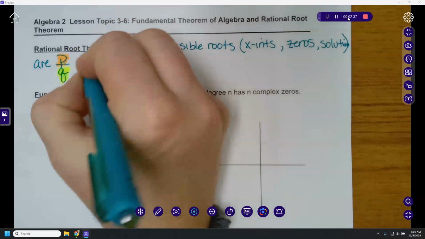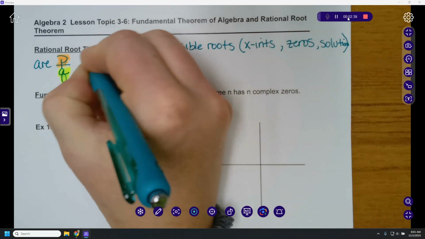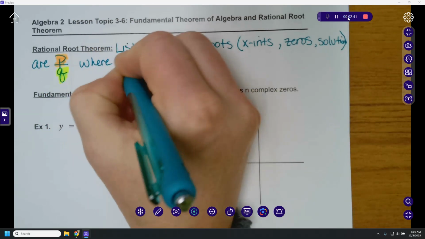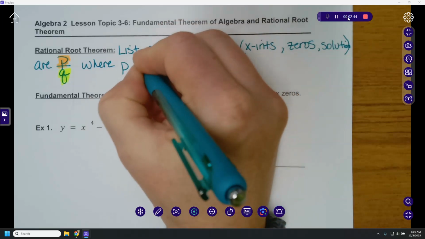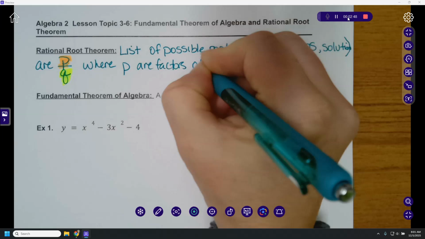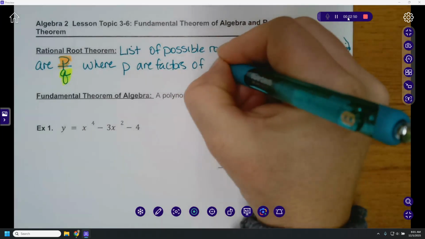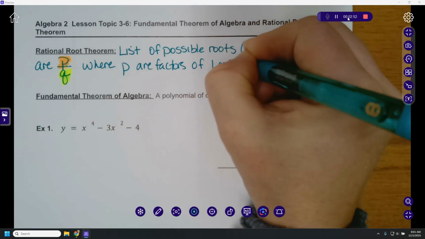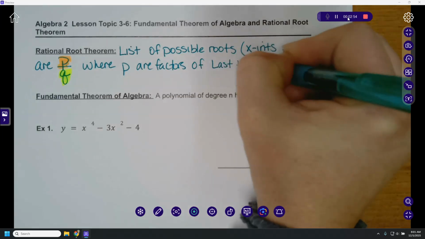What is P going to be? P is going to be all of the factors of the last term or constant.